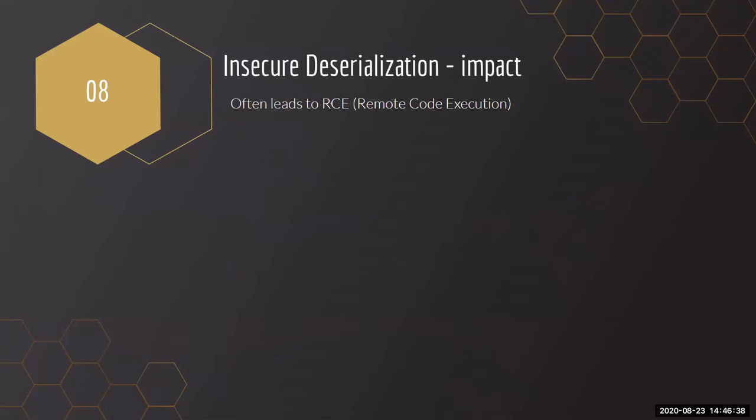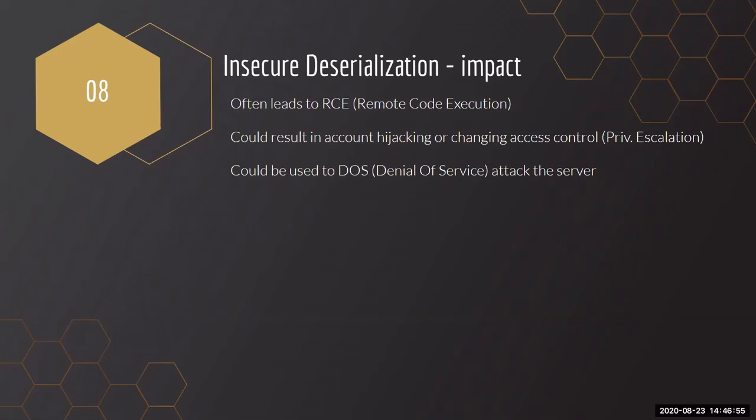The impacts it can have include RCE, which stands for remote code execution. That's one of the worst kinds of results. It can also result in account hijacking or changes in access control, which is referred to as privilege escalation in cybersecurity. It can be used to DOS attack the server and crash it.